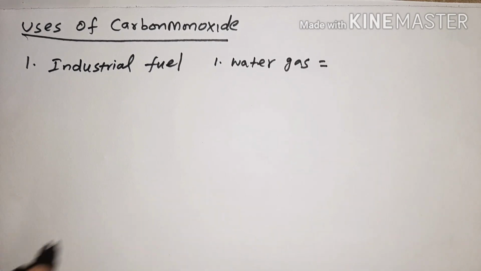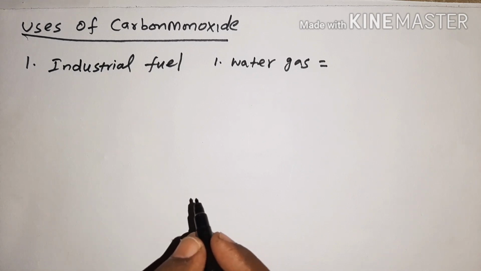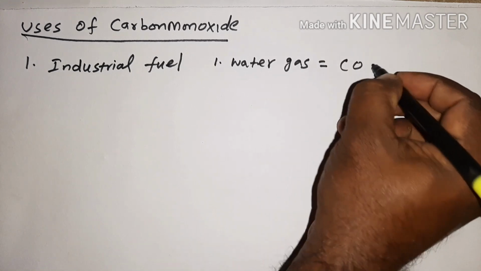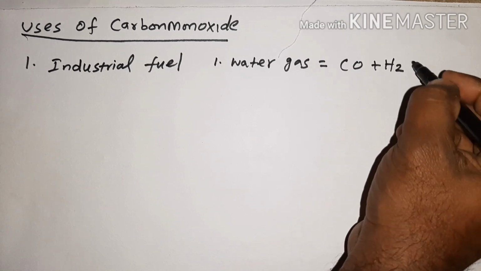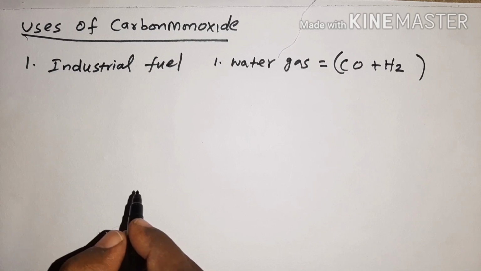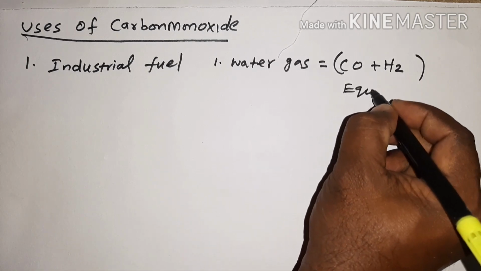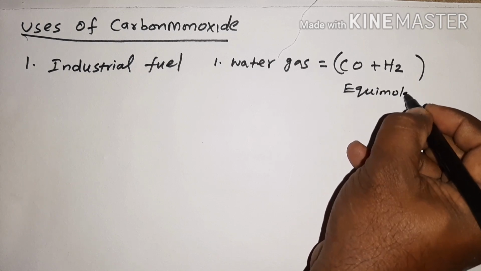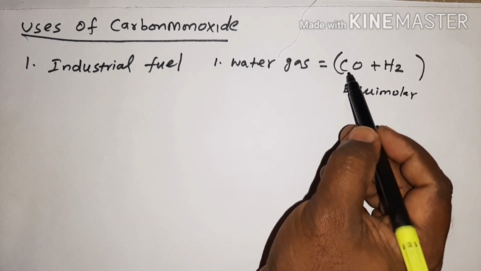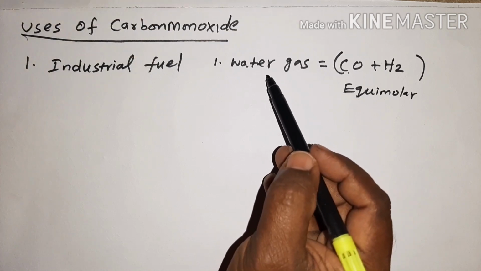Water gas means a mixture of carbon monoxide and hydrogen. They must be in equimolar conditions. That means an equimolar mixture of carbon monoxide and hydrogen is known as water gas.